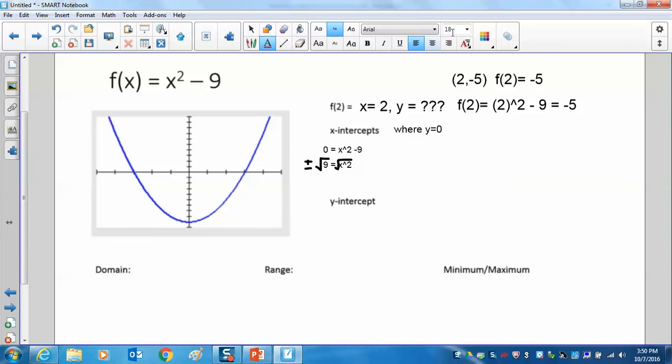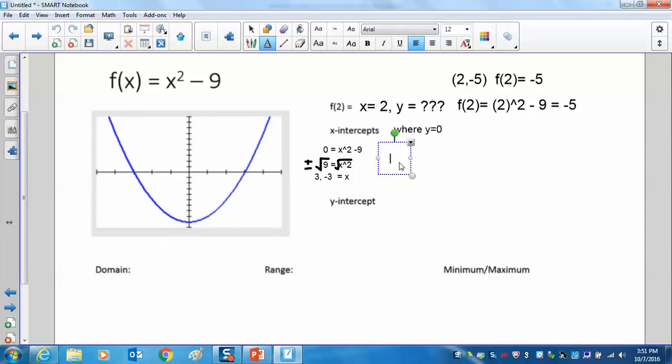Okay, so let's go back to our original equation. What we're saying here is that the square root of 9, both positive and negative, is equal to x. So we'd say that our answer is positive 3 and negative 3. Those are our two intercepts. And we confirm that with our graph, positive 3 and negative 3. Those are the two values that you could plug in for x that would make our y value equal to 0.